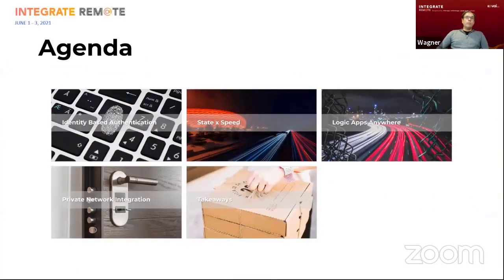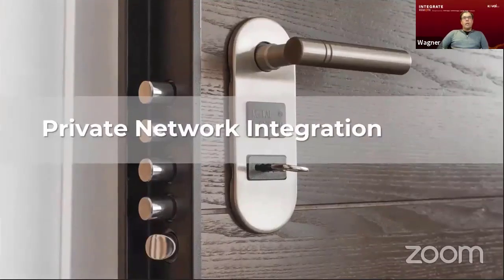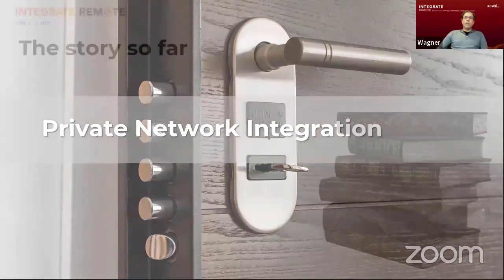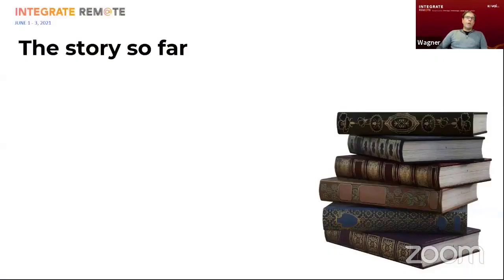So last but not least, let's take a look at private network integration and go quickly, because I know we have 10 minutes to go max. The story so far was we only had the ability to do outbound integration. We didn't have any option for inbound.